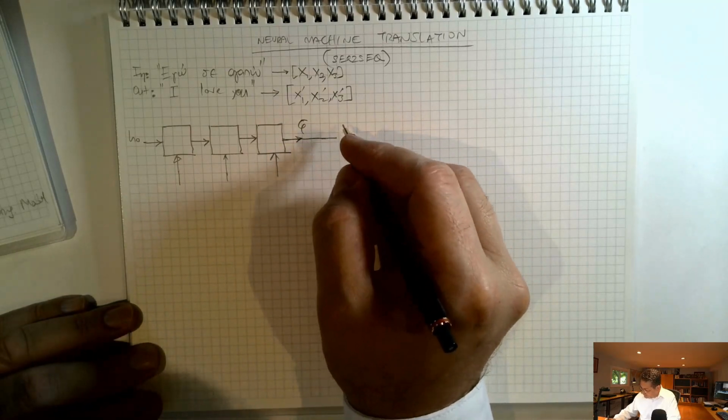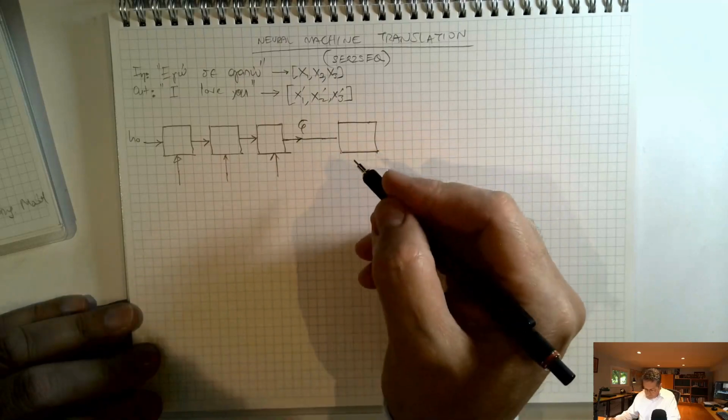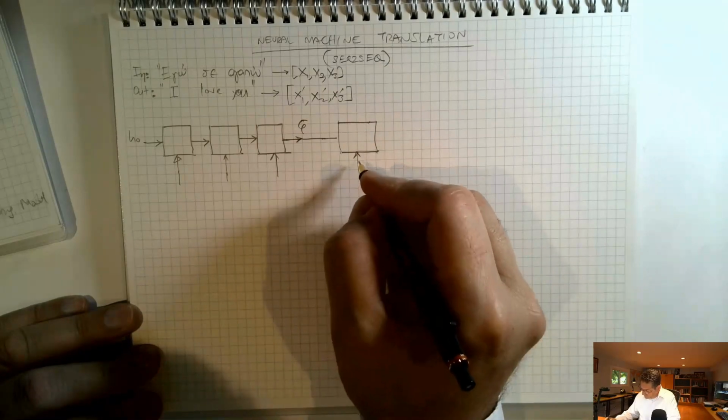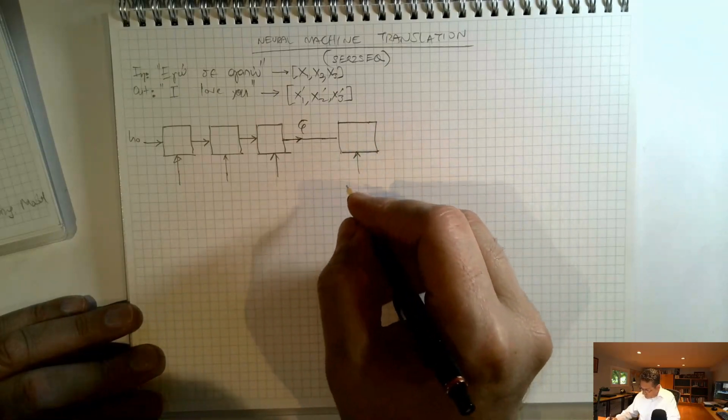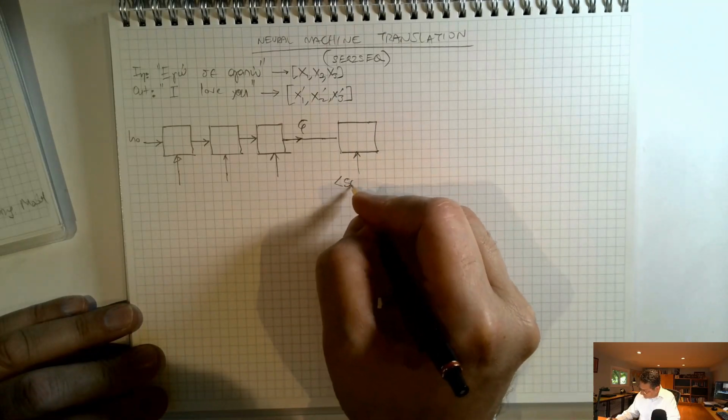And here's the decoder. The decoder starts from a token which we'll call start of sentence.